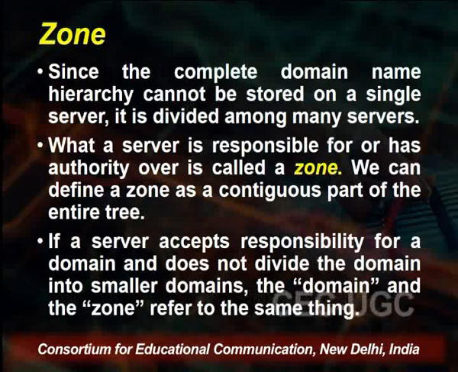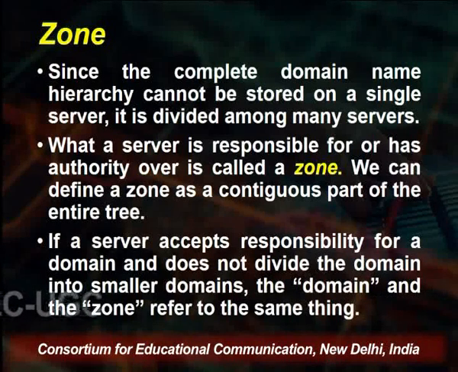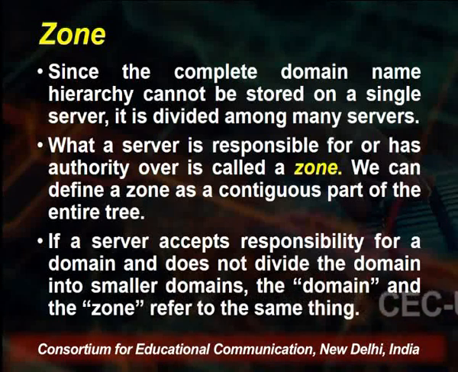We can define a zone as a contiguous part of the entire tree which is under the control of a server. Now if a server accepts the responsibility for a domain and does not divide the domain into smaller domains, in that case the domain and the zone refer to the same thing.